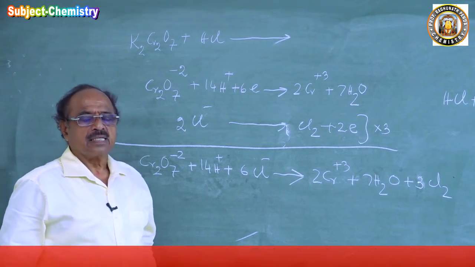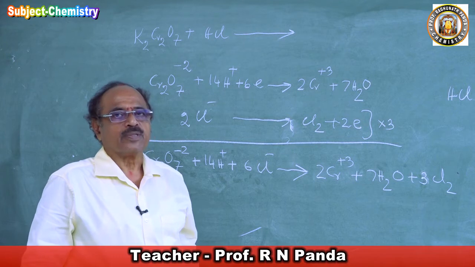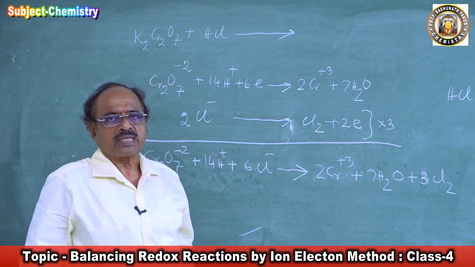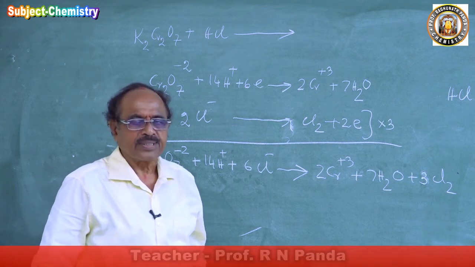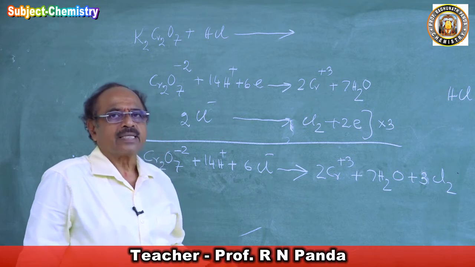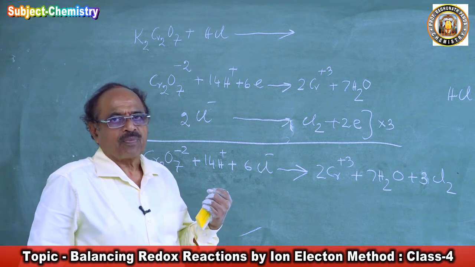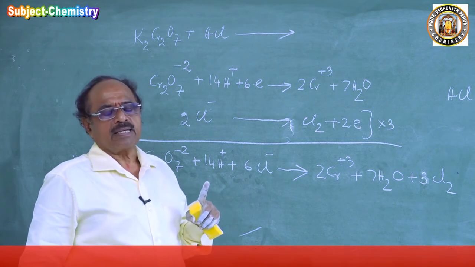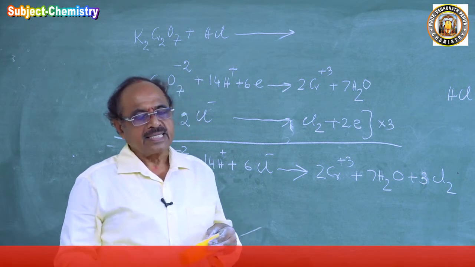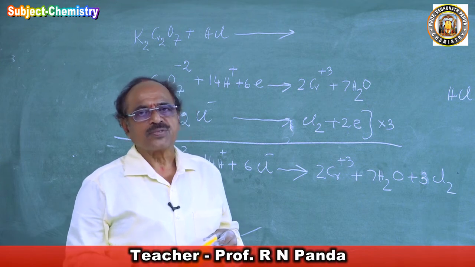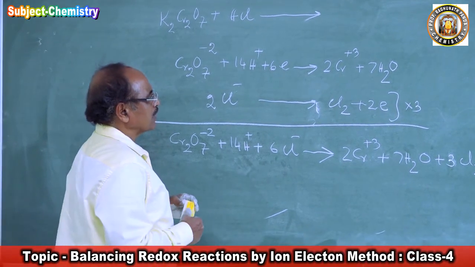That is the reason we always acidify potassium dichromate with dilute sulfuric acid. We never acidify potassium dichromate with concentrated hydrochloric acid or with hydrochloric acid, because potassium dichromate, while carrying out the reaction, will also be consumed by the HCl. Hence, whenever a potassium dichromate oxidation reaction is carried out in acidic medium, the medium is always dilute sulfuric acid. So these are a few reactions involving potassium dichromate.